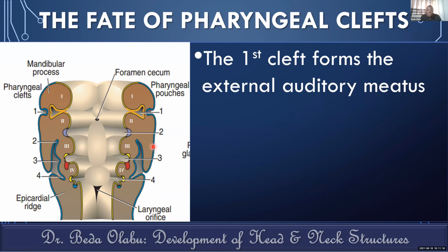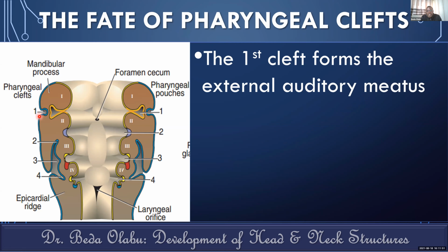The first pharyngeal cleft, which means a cleft that separates the first arch and the second arch, contributes to formation of the external auditory meatus, basically the outer ear. So the channel there contributes to formation of the meatus, while the edges of the channel are the ones that will contribute to formation of the pinna of the ear.